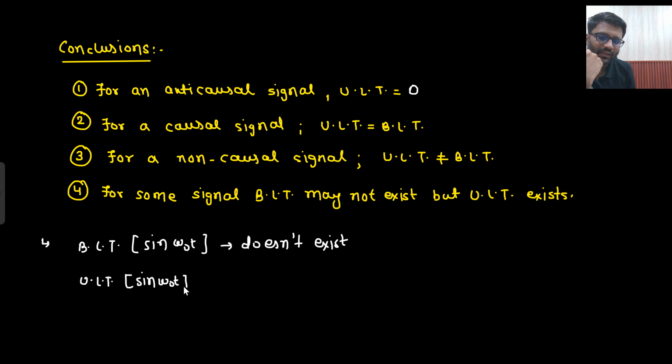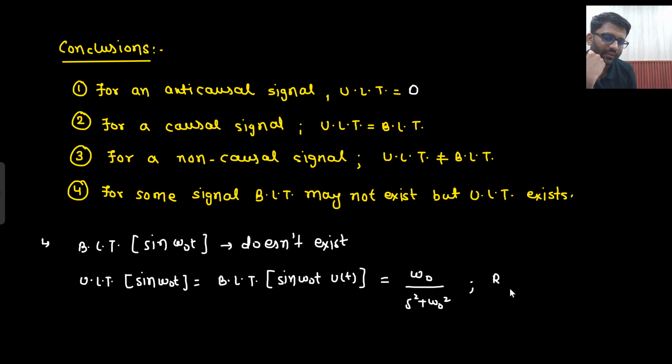I told you that the unilateral Laplace transform of sin omega naught t equals the bilateral Laplace transform of sin omega naught t u(t), and that will give omega naught upon s squared plus omega naught squared, where the ROC is real part of s greater than 0. So just multiply this signal with u(t) and your job is done. Here it will not exist, but here it will exist.